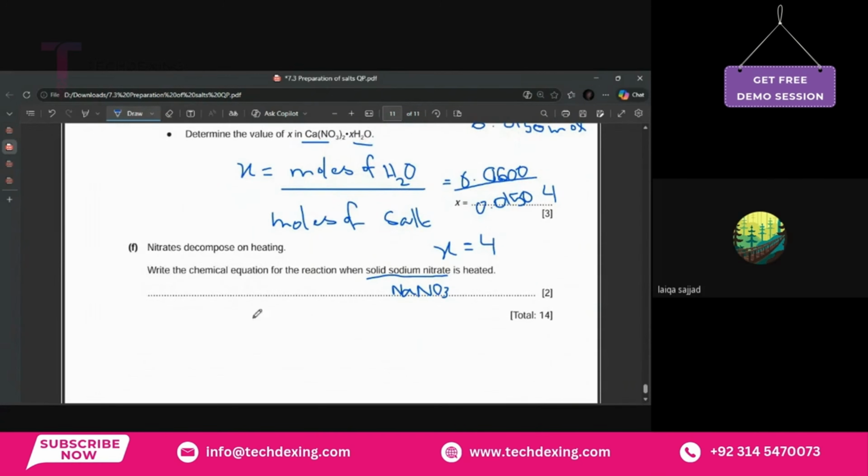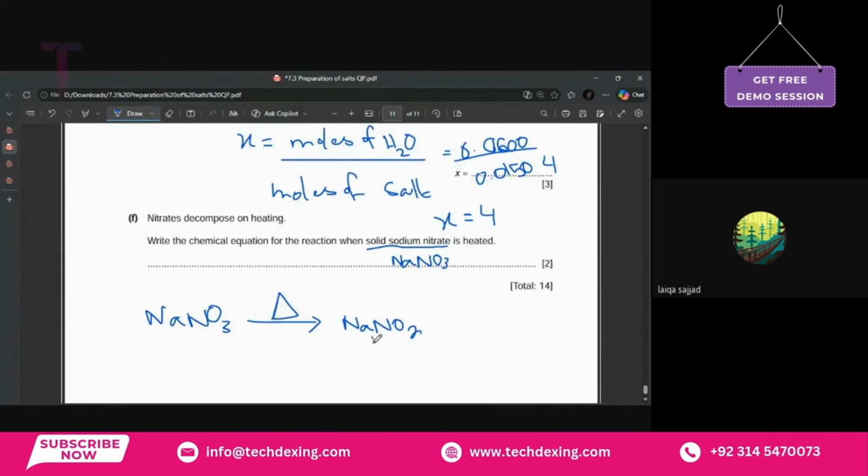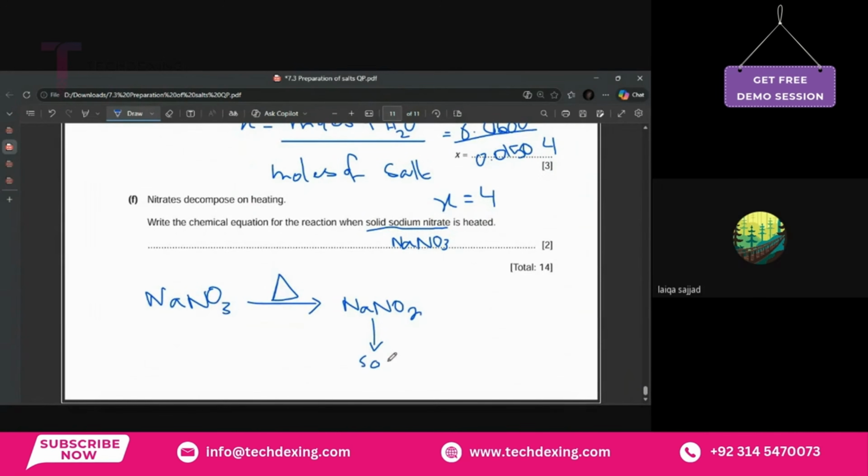This is sodium nitrate, which is NaNO3, and when we heat it, it gets converted into NaNO2, which is sodium nitrite, and oxygen will be released. Is it a balanced equation? No, not really.